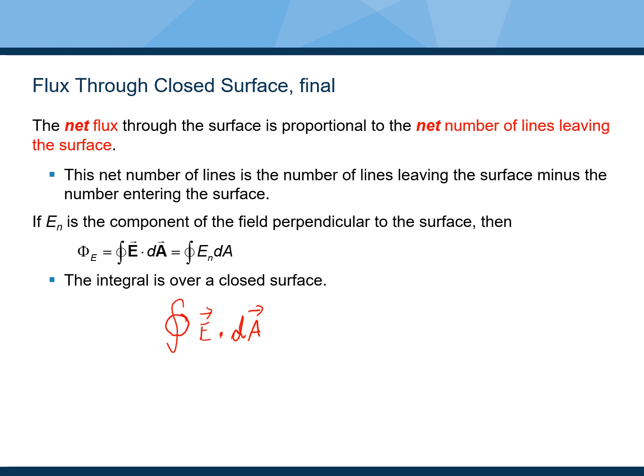Why do we make that circle around the integral? We make that circle just to reinforce the notion that we're working with a closed surface, and we're doing this area integration over a closed surface, and that gives us the total electric flux across that closed surface. So this definition is very important, and understanding how to roll it out is very desirable.